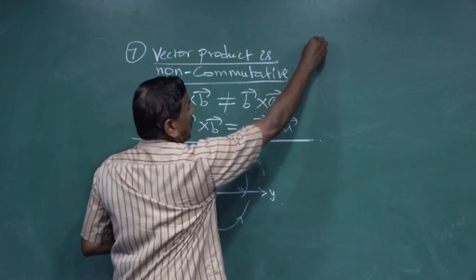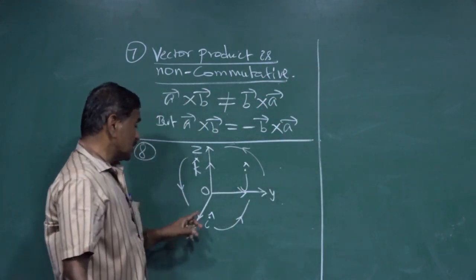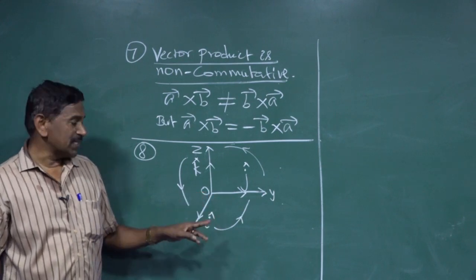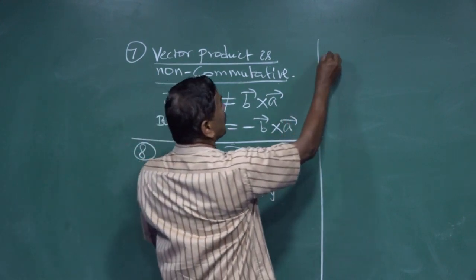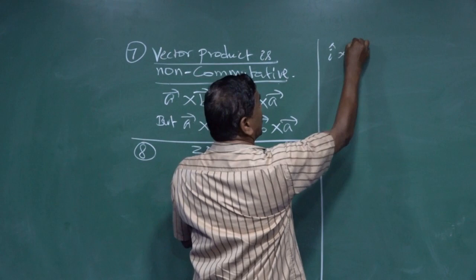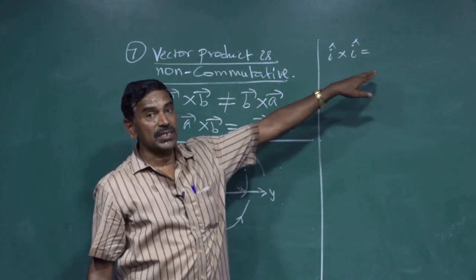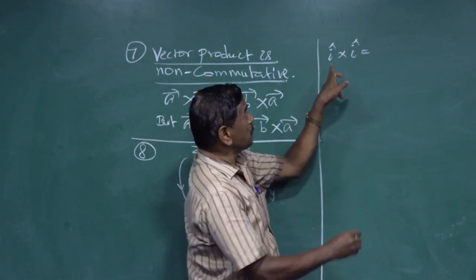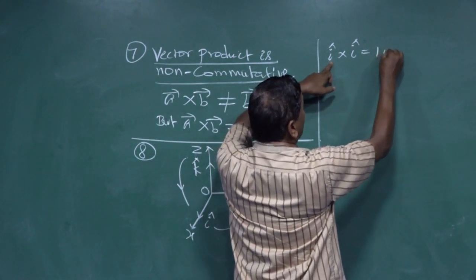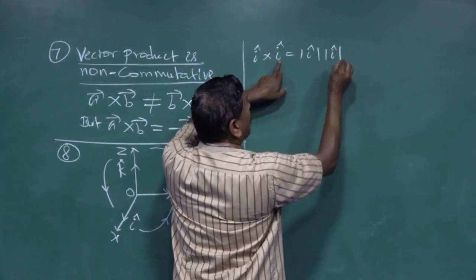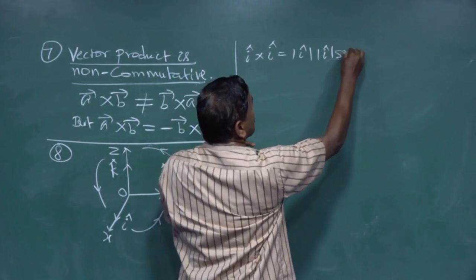Now listen, for my convenience, can you tell me what is i cap cross i cap? Anyone? Now the definition of cross product. Can you tell me the definition of cross product? From the definition of cross product, here the first one is i cap, so modulus i cap, into the second one also i, therefore modulus i cap, into sin theta.